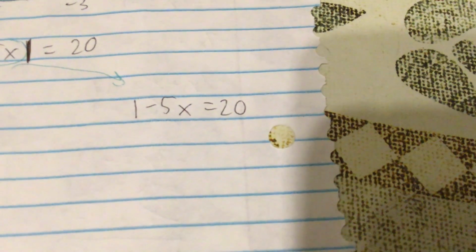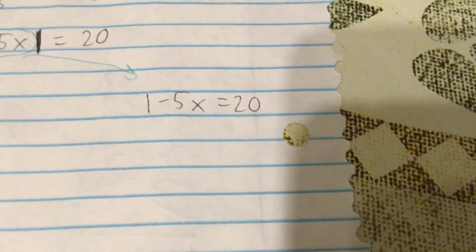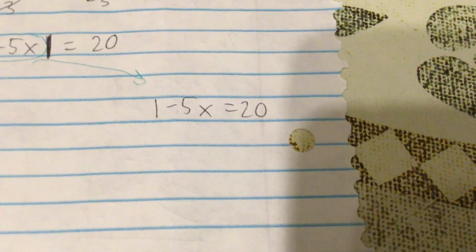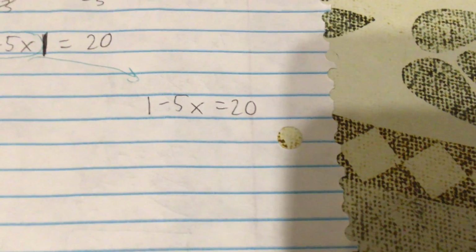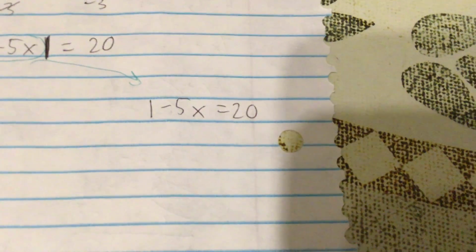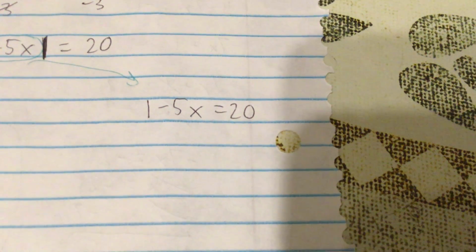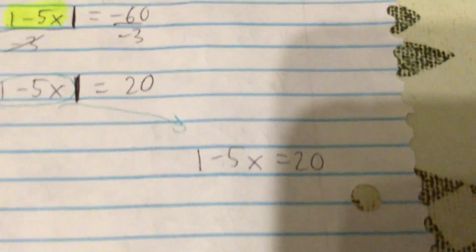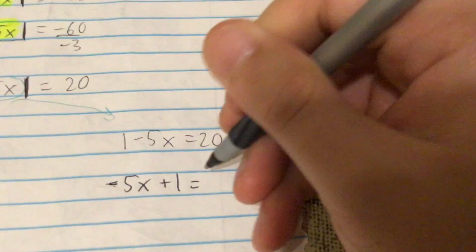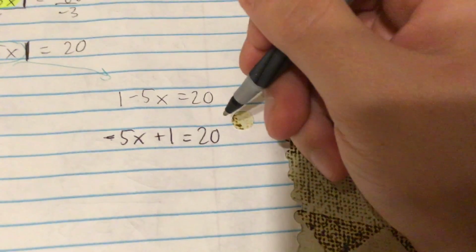Once again, you don't have to do this, but if it makes your life easier, remember that the 1 is positive, and the negative 5x is obviously negative. So I'm going to keep the signs the same and make this problem negative 5x plus 1 is equal to 20. Sorry, I had to get a sip of water. I was getting parched. So now I've got negative 5x plus 1 is equal to 20.